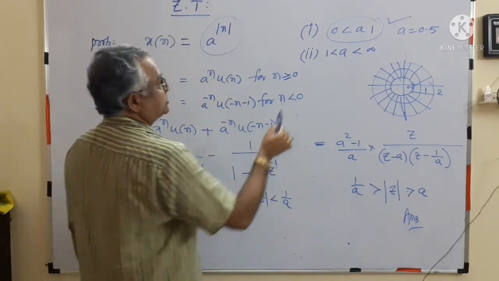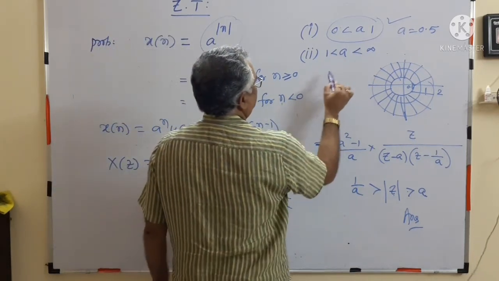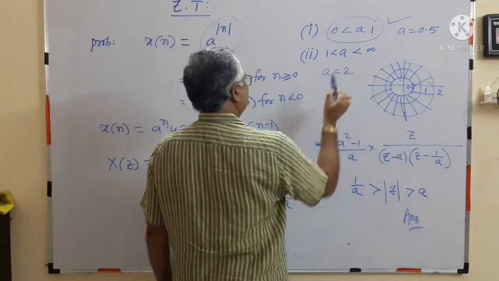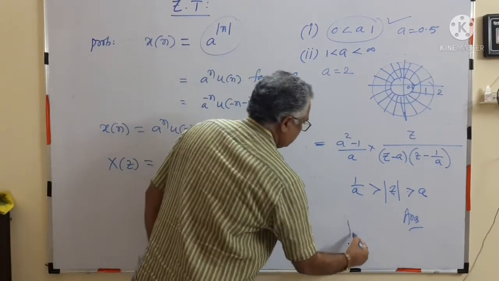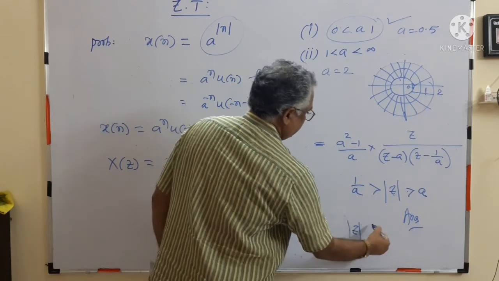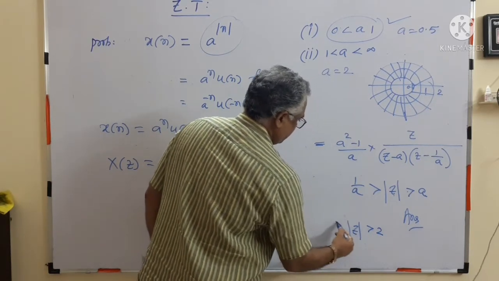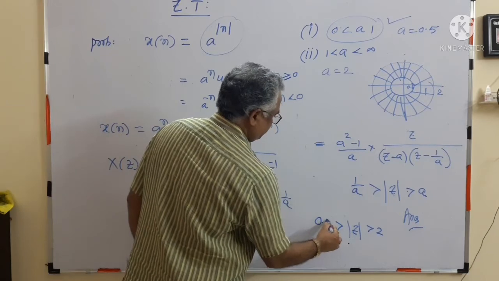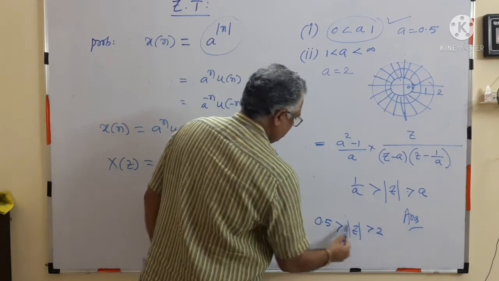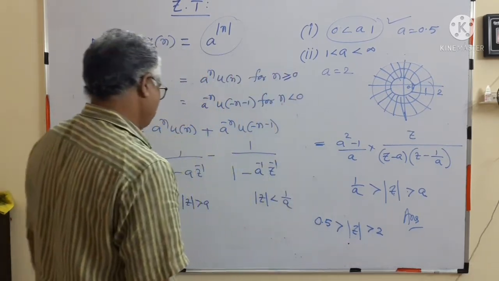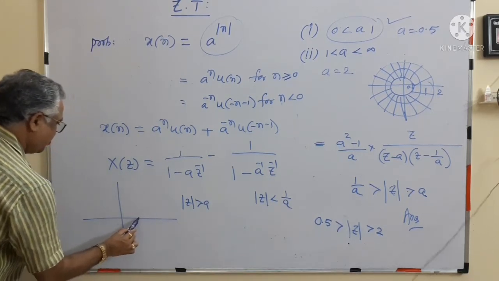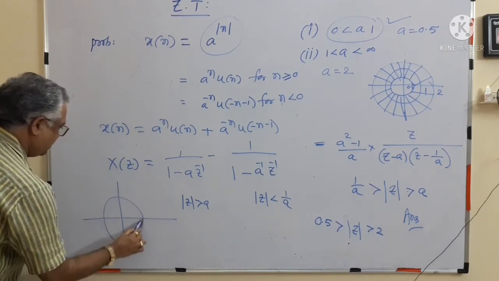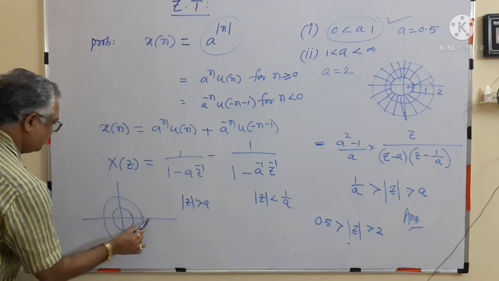Whereas in the second case, a between 1 and infinite, if I take a equal to 2, mod z greater than 2, less than 0.5. How to show that? This is the unit circle, this is 0.5, this is 2.